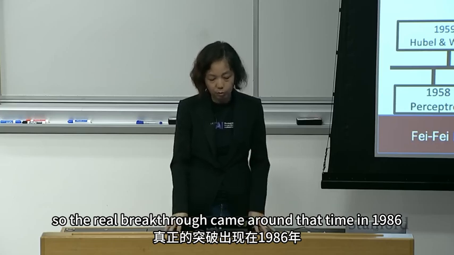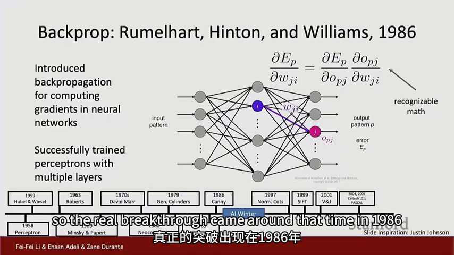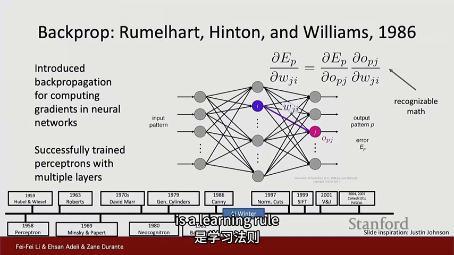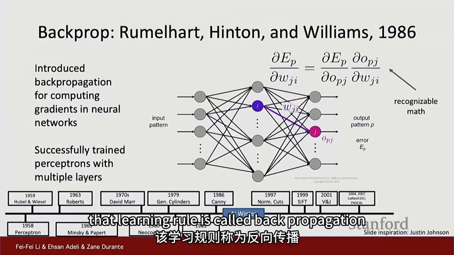So the real breakthrough came around that time, in 1986, with a learning rule. That learning rule is called backpropagation.